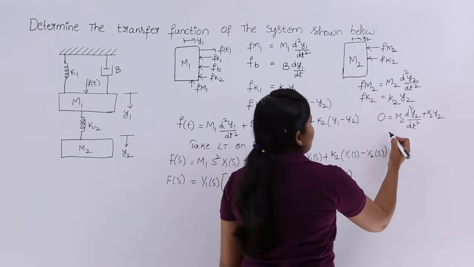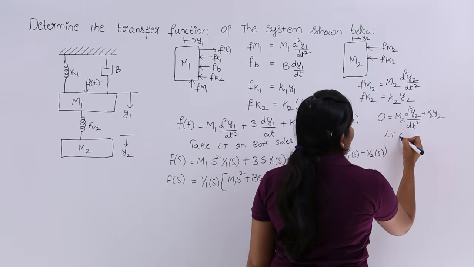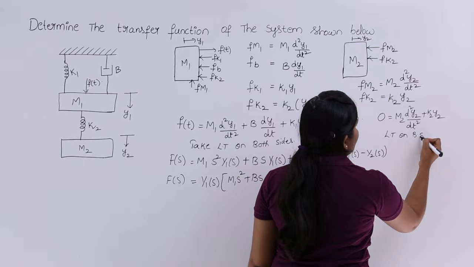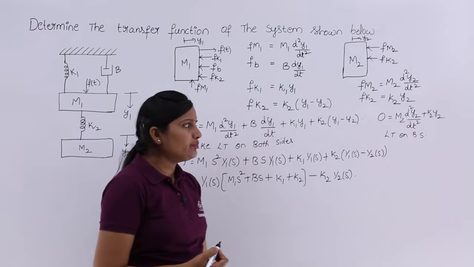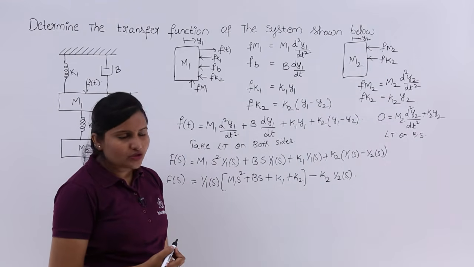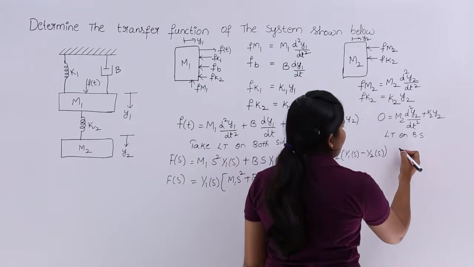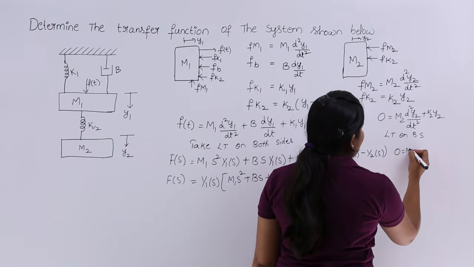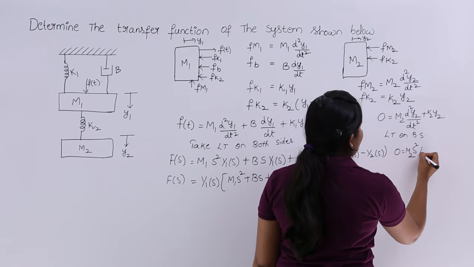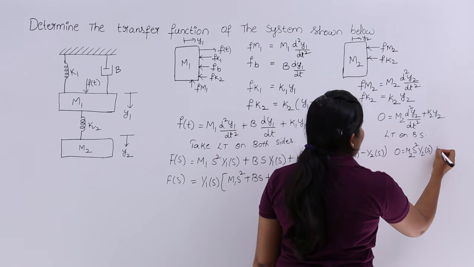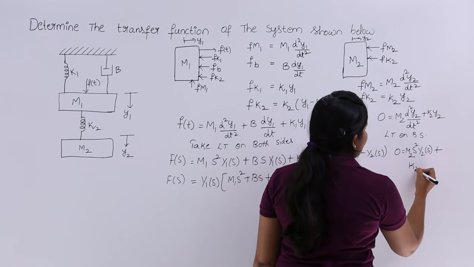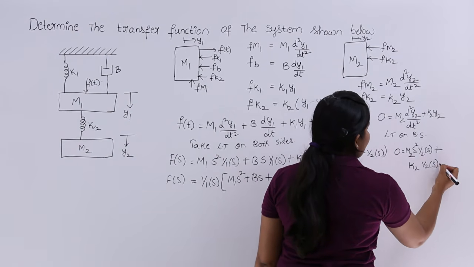Now take Laplace transform on both sides. For this equation also take Laplace transform on both sides. Then what are you going to get? 0 is equal to m2 s square y2 of s plus k2 into y2 of s.